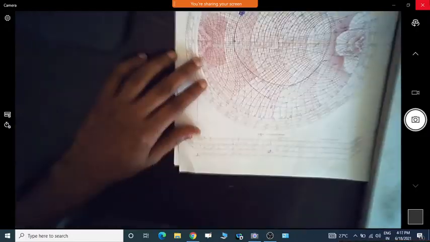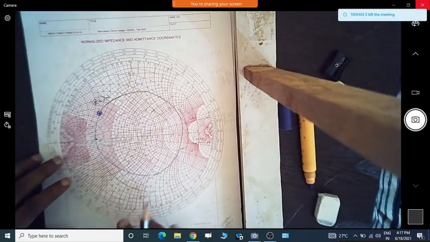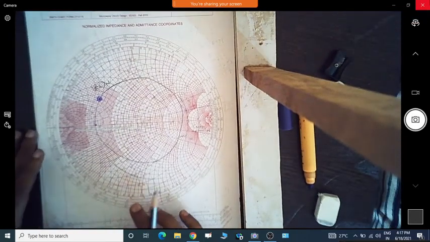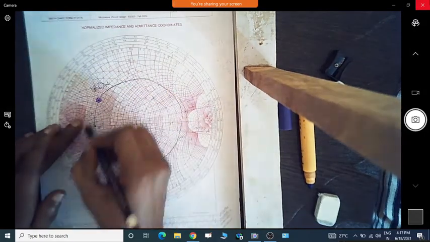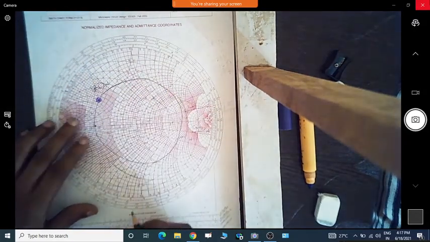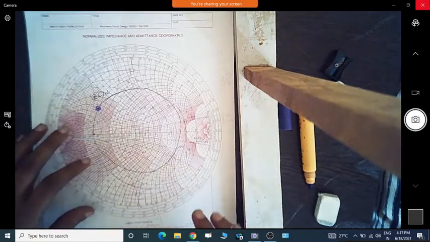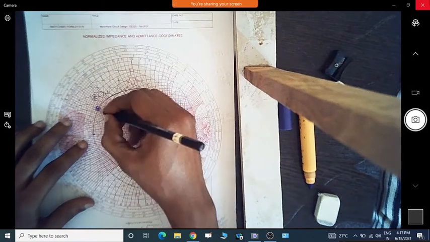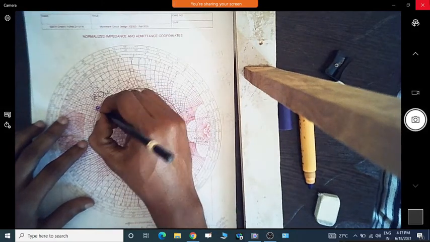So just follow the procedure what I am telling. So you will going to get the values. Okay. So try to do it. So this is the ZL normalized value, and you have to plot the VSWR circle. So plot the VSWR circle, and draw the line from this center point and through this ZL point.